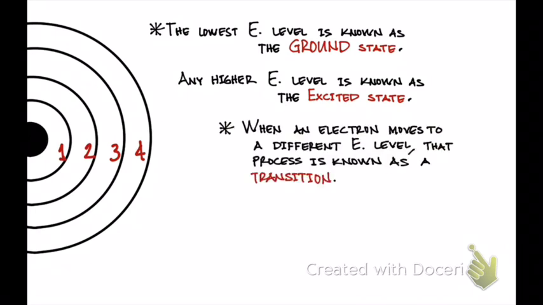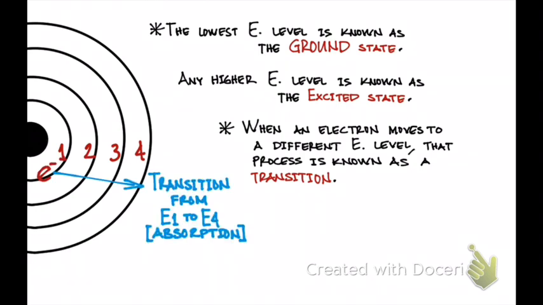When an electron moves to a different energy level, that process is usually known as a transition. So when an electron moves from, let's say, energy level 1 or stationary state 1 to the fourth energy level, that's a transition. An electron has to absorb energy in order to get to a higher energy level.